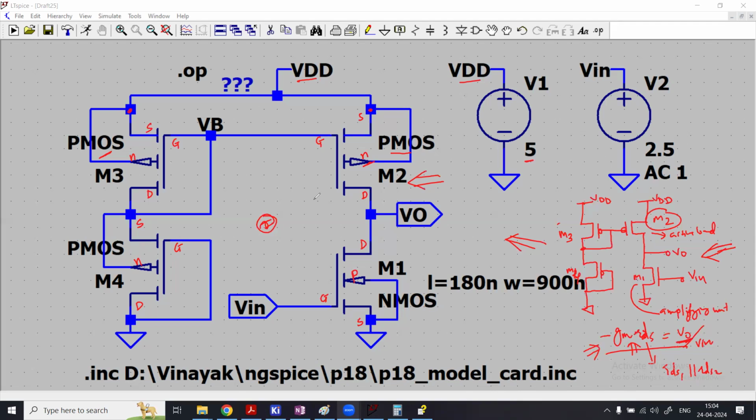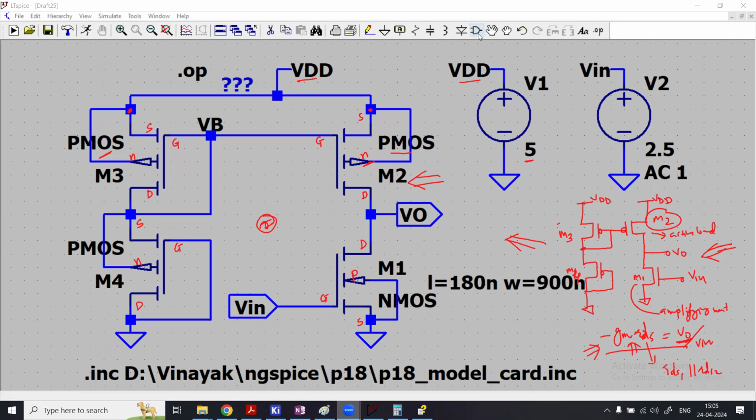Let me explain how I use the SPICE simulator for the interconnection and the selection of the components. This is very important to understand because we are using a real circuit design.